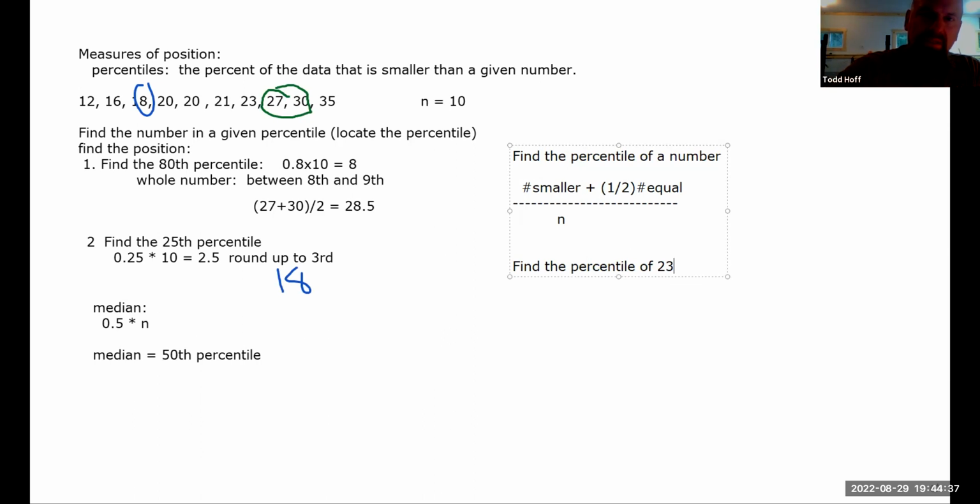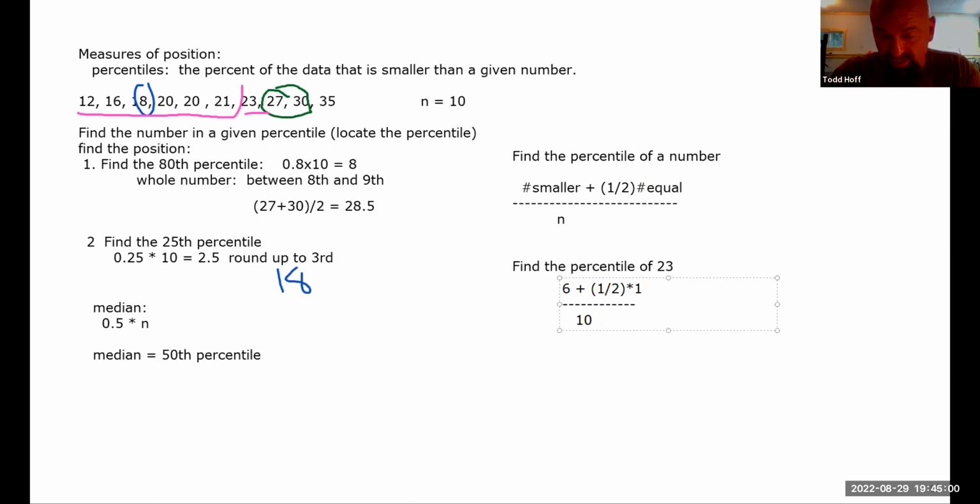If I look up in my list up there, here's 23. There's 1, 2, 3, 4, 5, 6 numbers smaller. So that's 6, plus 1/2 times, there's only one number equal to 23, and we'll divide that by 10. Well, 1/2 times 1 is 1/2. 6 plus 1/2 is 6.5. Divided by 10 equals 0.65. That is the 65th percentile.